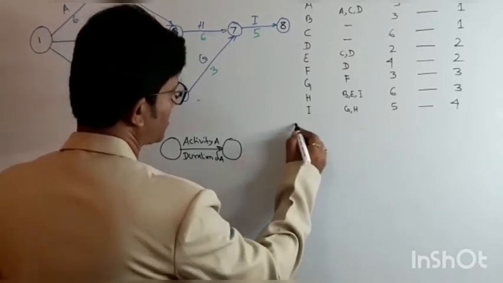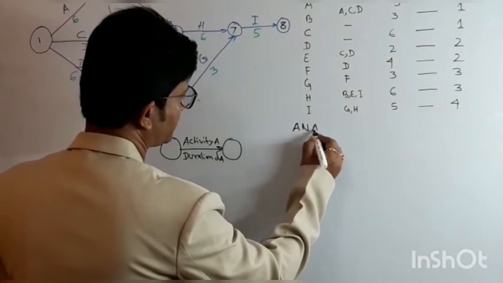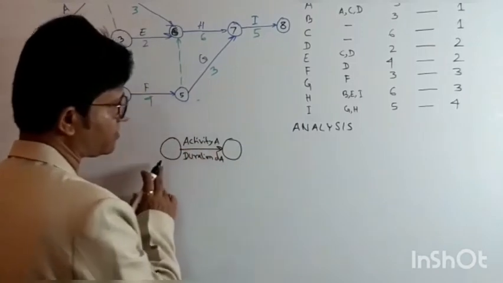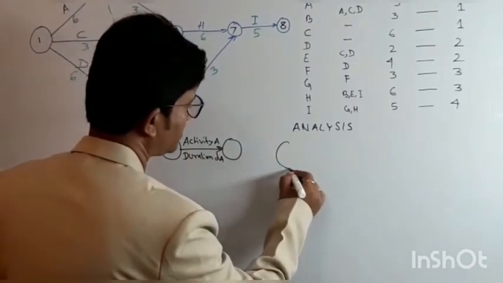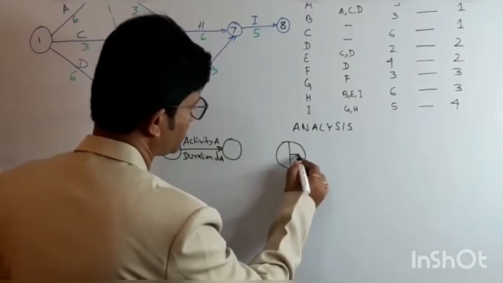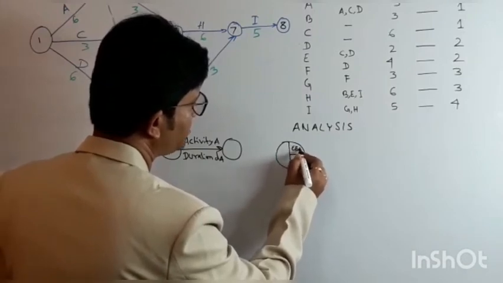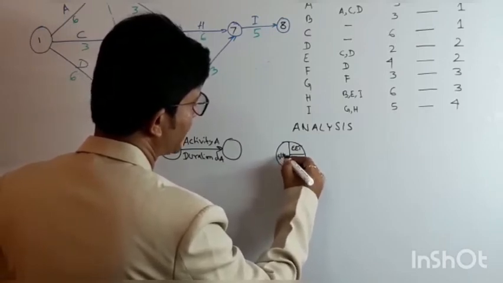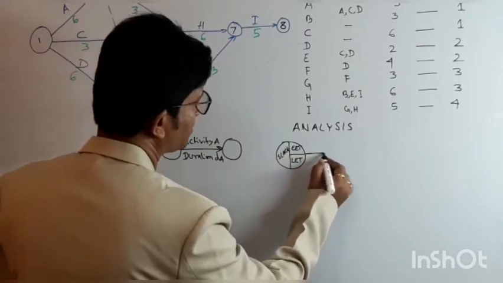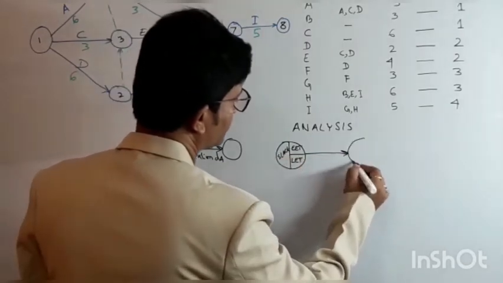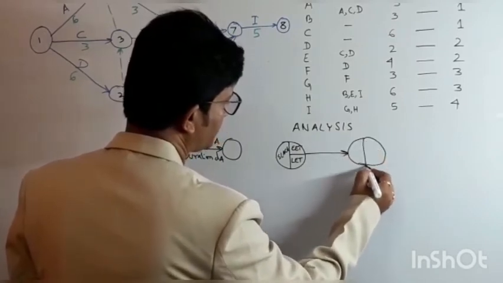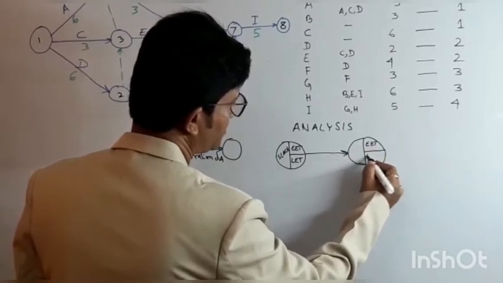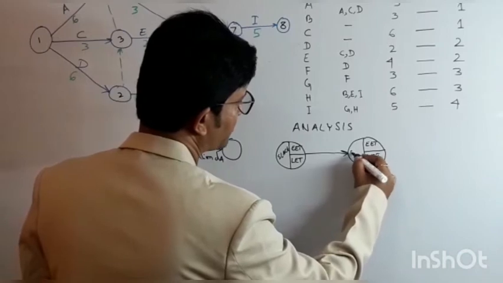Now for the analysis part, we represent this network in such a way: this is the earliest event time, EET, this is the late event time, LET, and this is the slack. This is connected to another node that also has the same things.